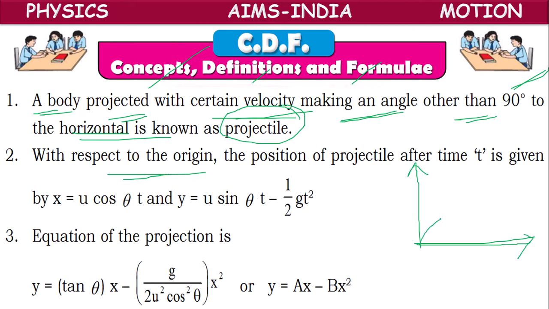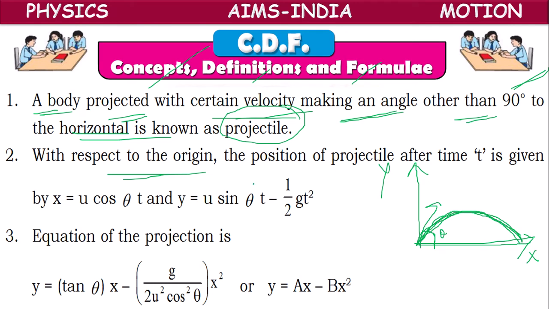If we project a body with a velocity at an angle other than 90 degrees, its path will be like a parabola, which is called a projectile. This is the horizontal direction, this is the vertical direction, and this is the angle theta with which we have projected the body into the air.